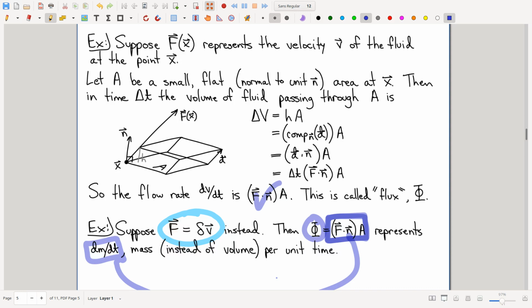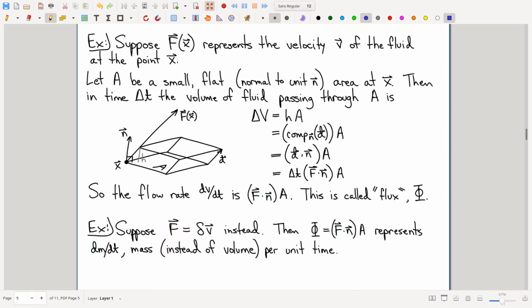Keep in mind that when we computed volume per unit time, our first step was to write down a formula for volume. So, if I want instead to compute mass per unit time, the very first thing I need to do is to write down how much mass is in there.